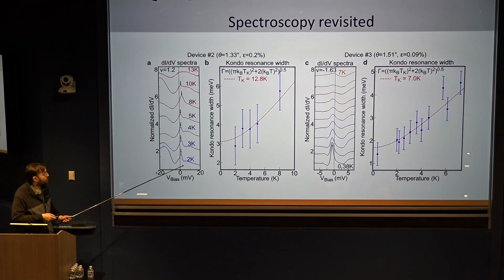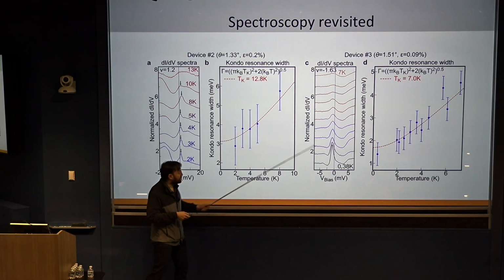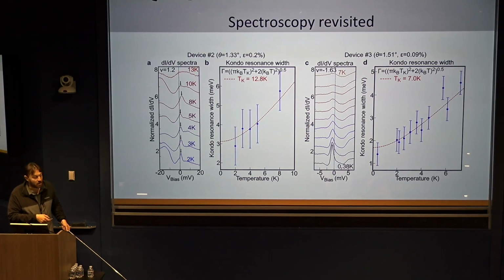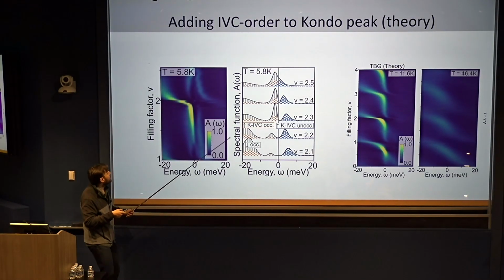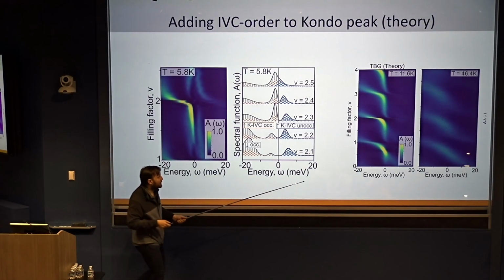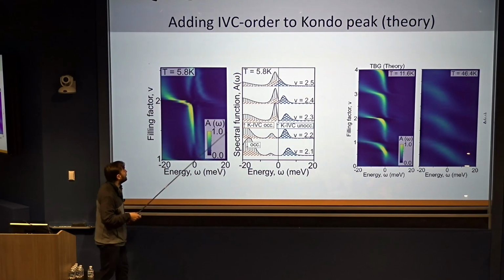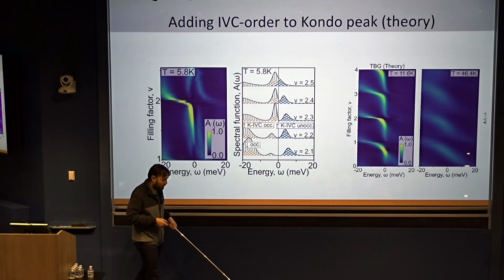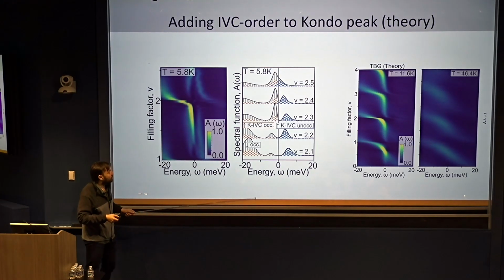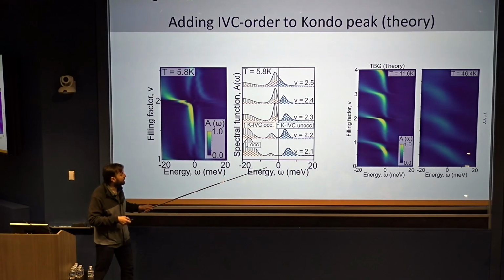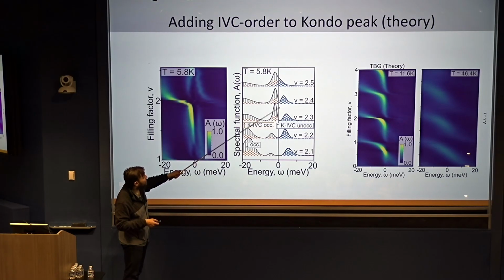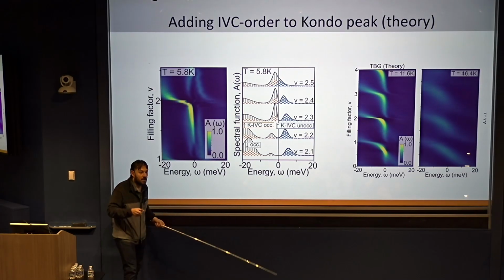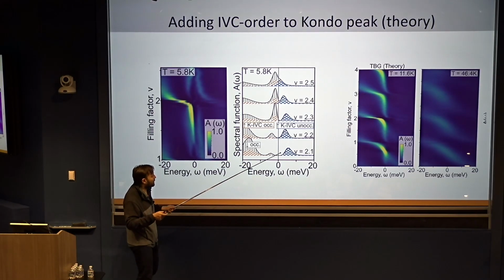And one of the upshots of having this association with this particular peak that comes from DMFT is that if you now impose an order on this DMFT peak in theory, you actually see that, because your starting point is a peak close to the Fermi energy, you very naturally get a splitting for at least a range of filling factors positioned around the Fermi energy, okay?